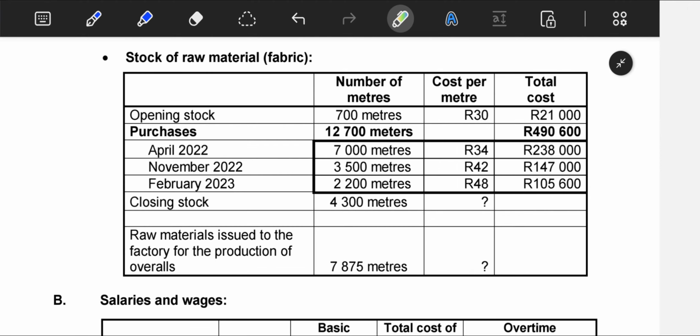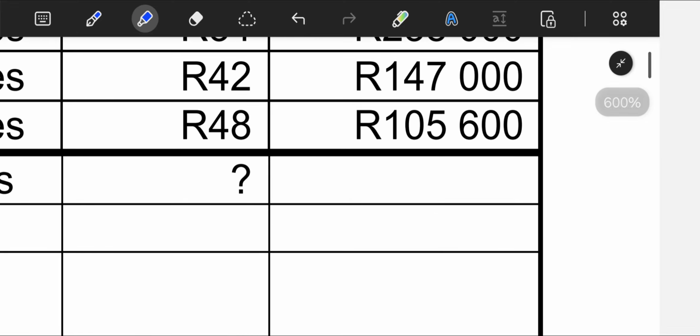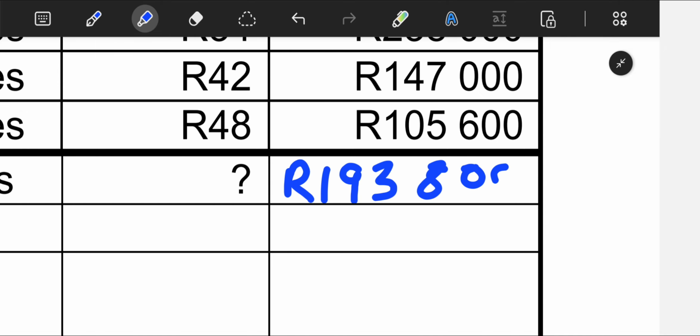You have your opening, and you have your purchases, and you have your closing. The closing is what we just calculated now. Let me just write it here. It's our 193,800.